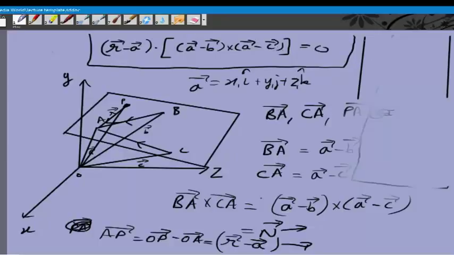So R minus A will be x minus x1, y minus y1, z minus z1. And then we'll have A minus B, x1 minus x2, y1 minus y2, z1 minus z2, and then A minus C, x1 minus x3, y1 minus y3, z1 minus z3. And this whole determinant has to be equal to 0.